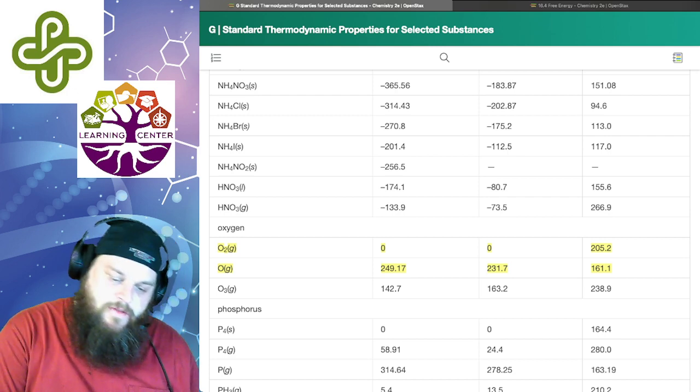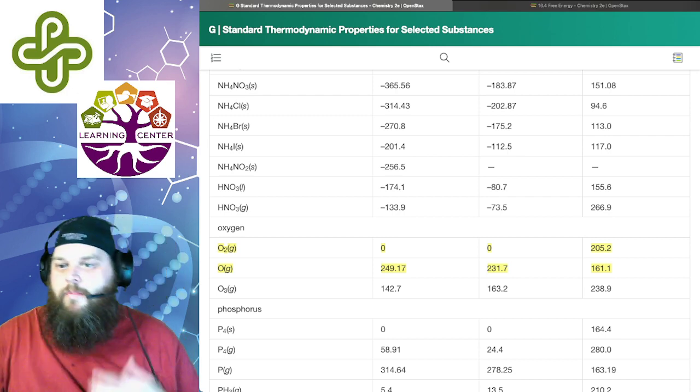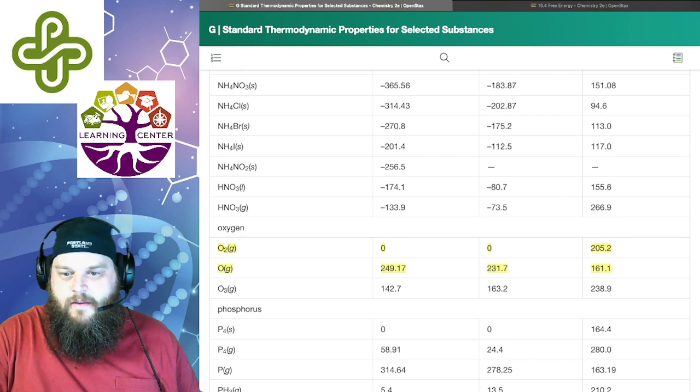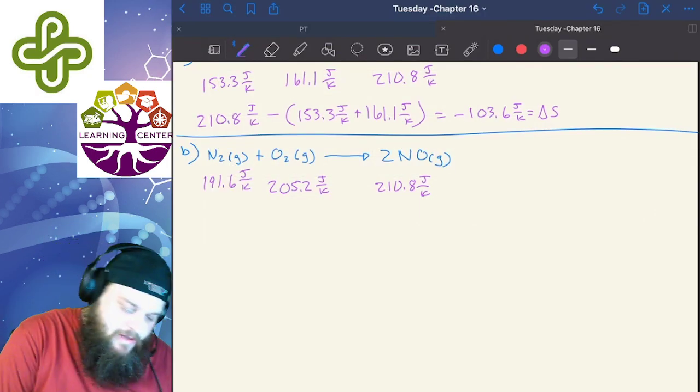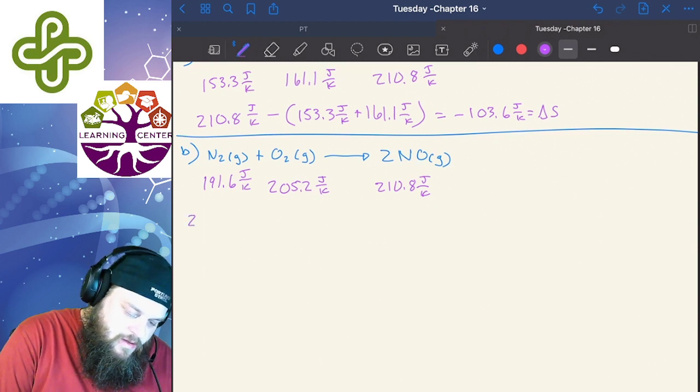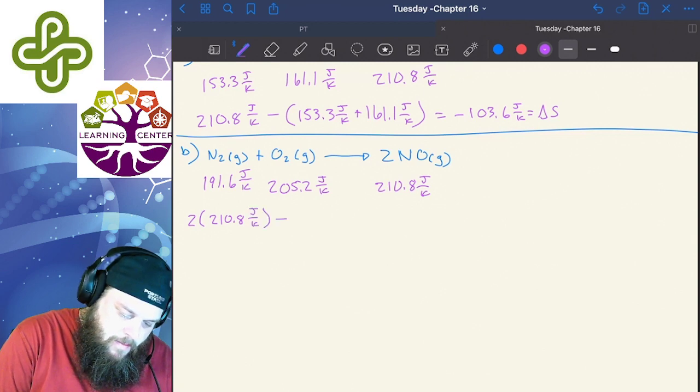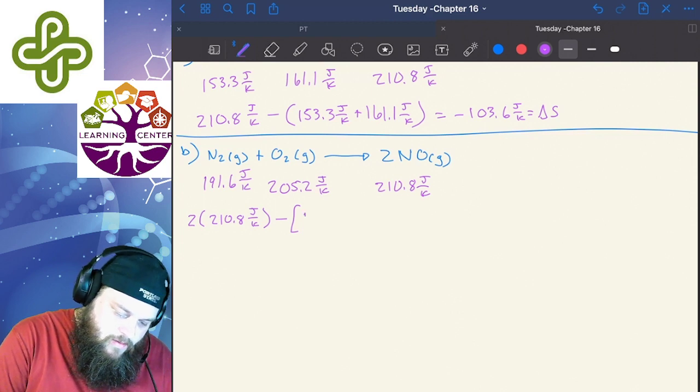All right, so now we can take our products minus our reactants. In this case, we had 2 moles of NO. So you have to do 2 times 210.8 joules per Kelvin minus, I'll put my parentheses, 1 mole of N2 gas plus 1 mole of oxygen gas.